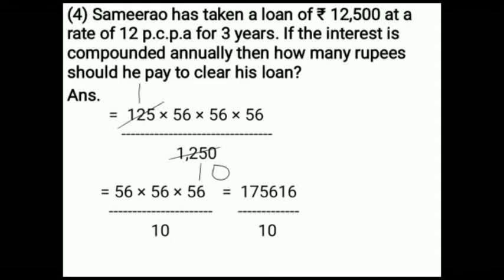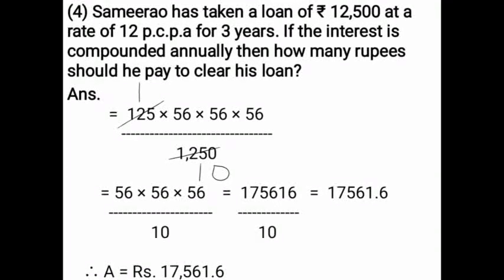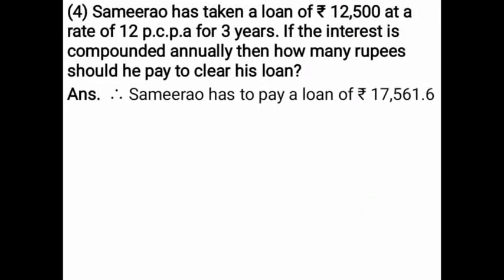Before one digit, you can put the decimal point when you are dividing any number by 10. That is equal to 17,561.6. Therefore, amount is equal to rupees 17,561.6. Therefore, Samirao has to pay a loan of rupees 17,561.6.